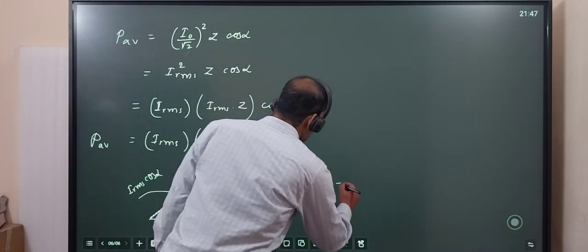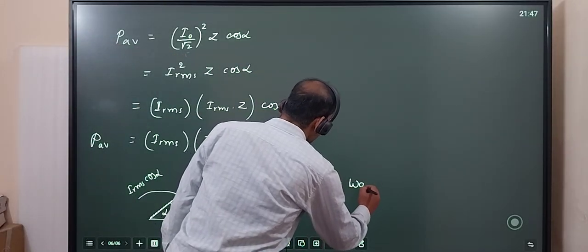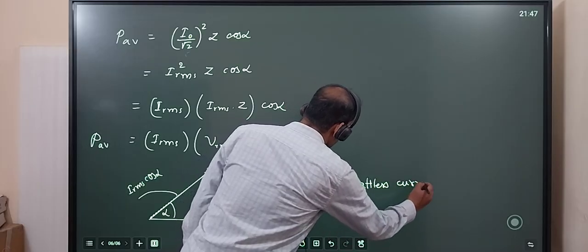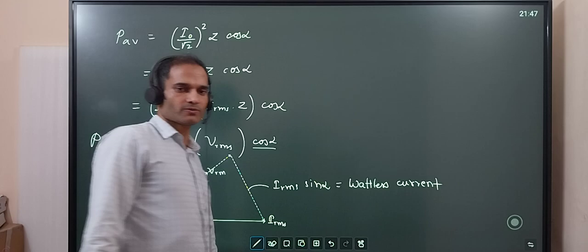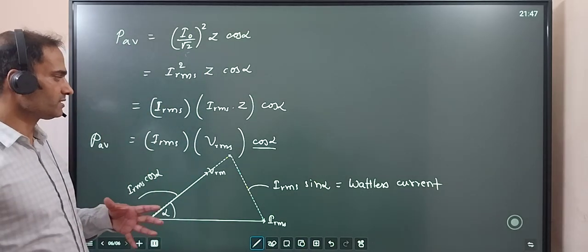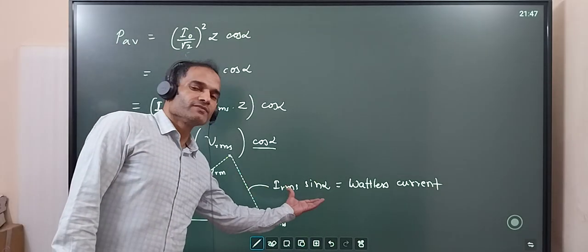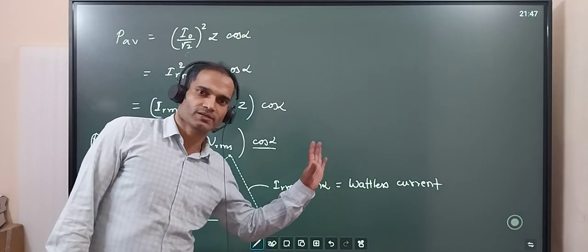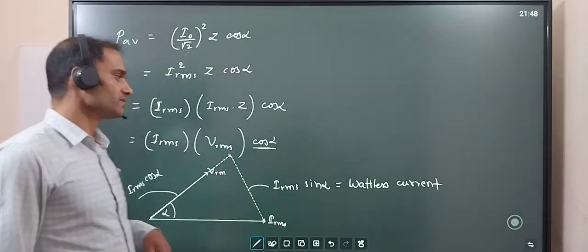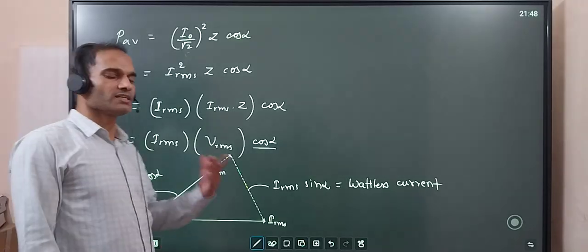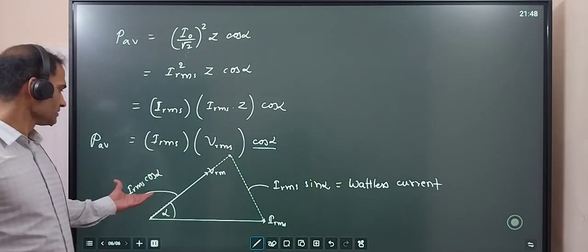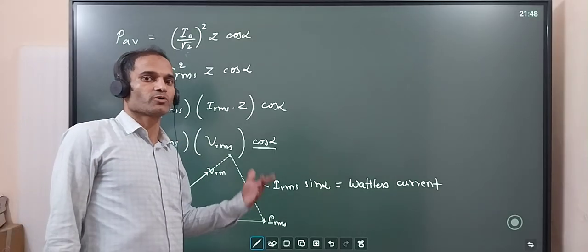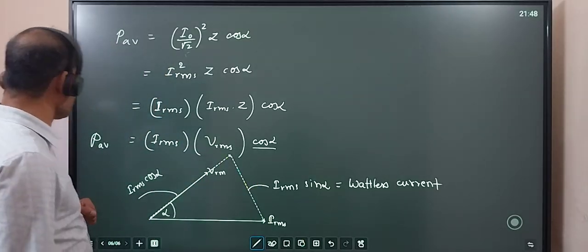So this is called wattless current. In purely inductive circuit, this part will be maximum. Everything is wattless current, no power dissipation happens, and in purely resistive circuit, everything is the wattage current, which is producing heat dissipation.